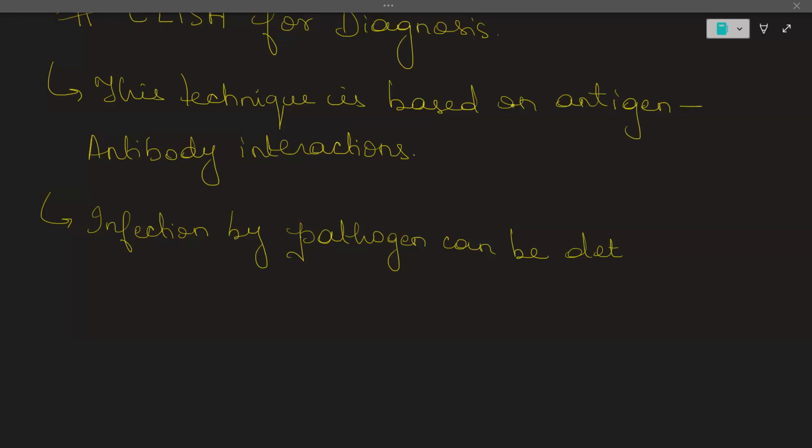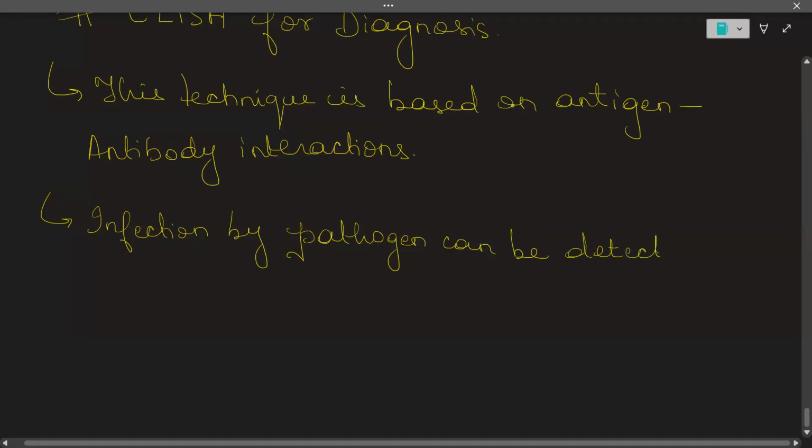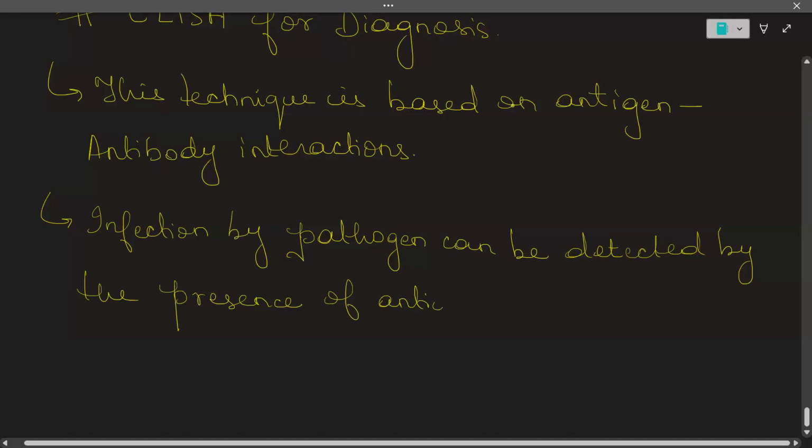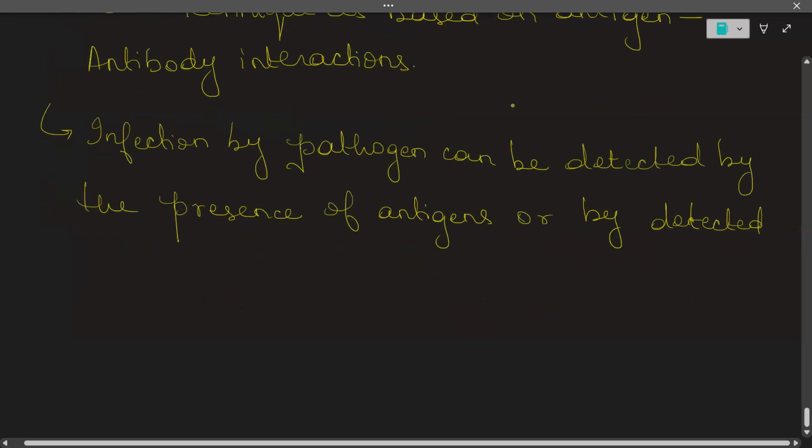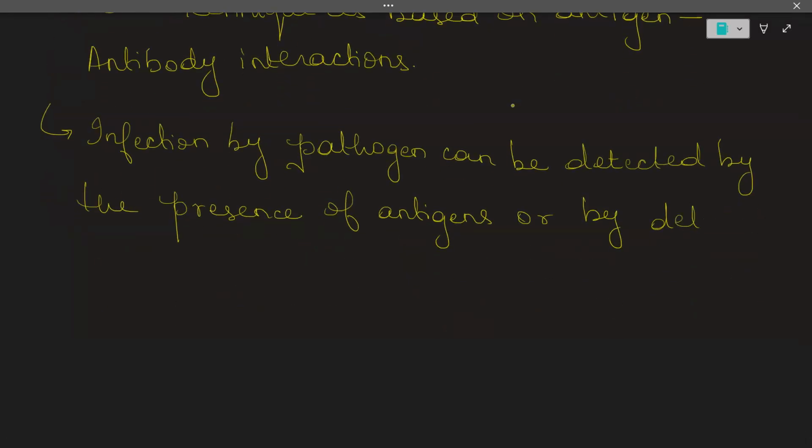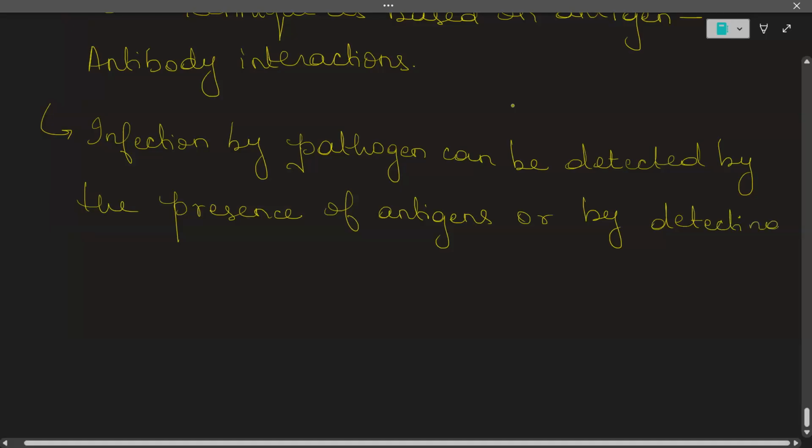So now infection by a pathogen can be detected by the presence of antigen, meaning if antigens are present in the body, then that can be detected, or by detecting whether antibodies are made against that, or detecting the antibodies.